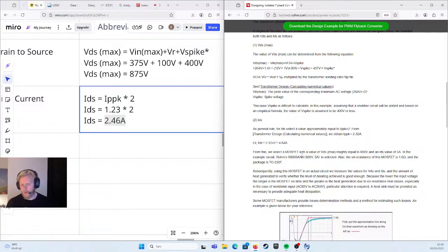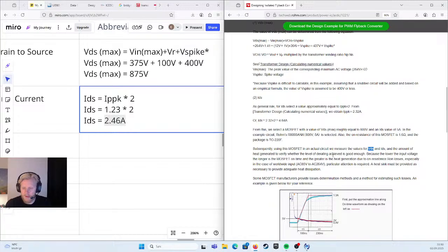So in this example, they selected 800 volts and an IDS value of 5 amps. And then of course you would measure VDS and IDS and the amount of heat generated to verify whether the level of the rating achieved is good enough.